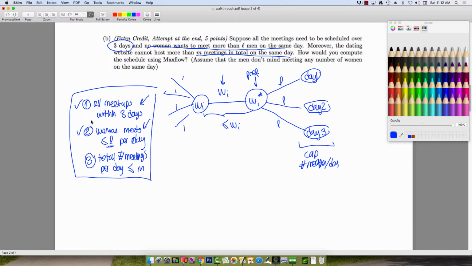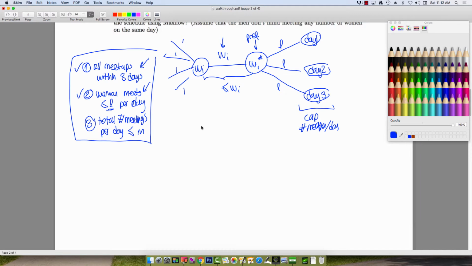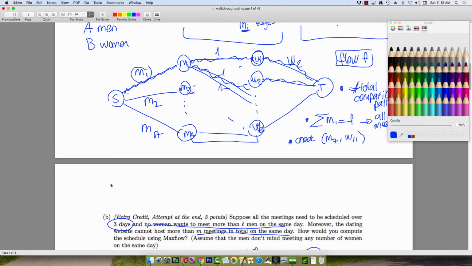Now we have to make sure the total number of meetings between anyone is going to be less than M. And how do we do that? So from our original graph, if we wanted to find the total number of meetings that actually happened, we would just look at the sum of these edges, right?